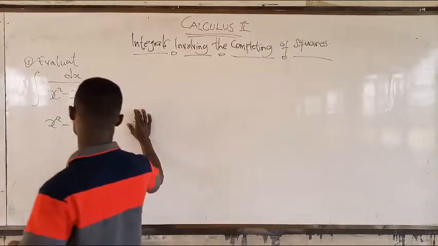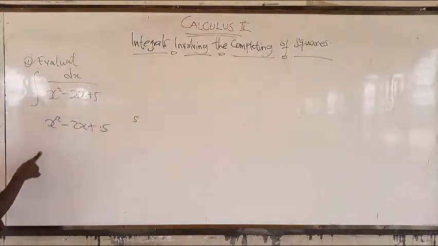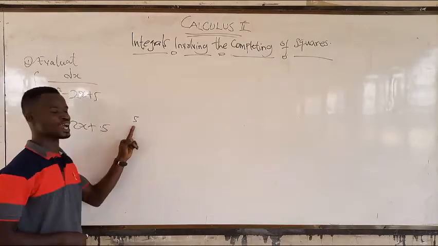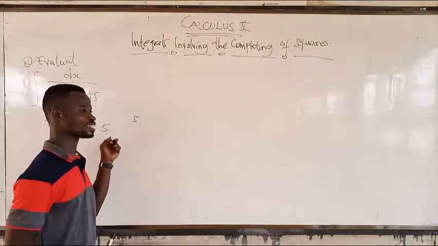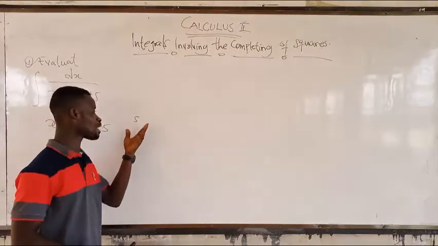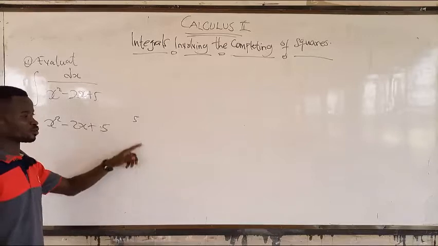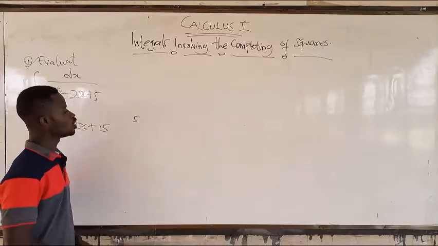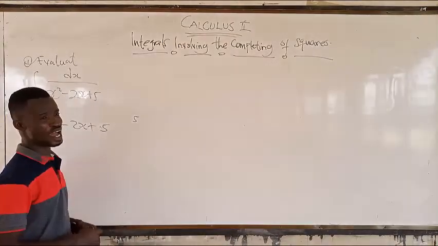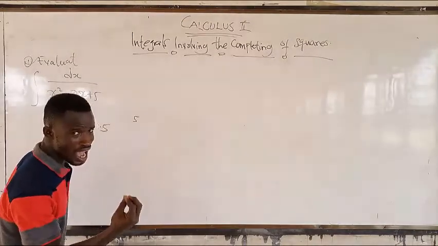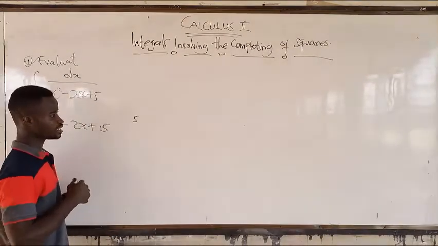With two numbers, when you multiply, you get 5, but you have to make sure that the coefficient is 1. If it's not 1, multiply by it. If it's 2, multiply by it. If it's 3, multiply by it. If it's negative, multiply by negative 1. With two numbers, when you multiply, you get 5, but when you add, you get this.